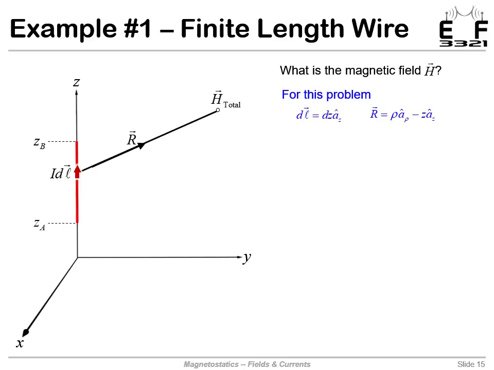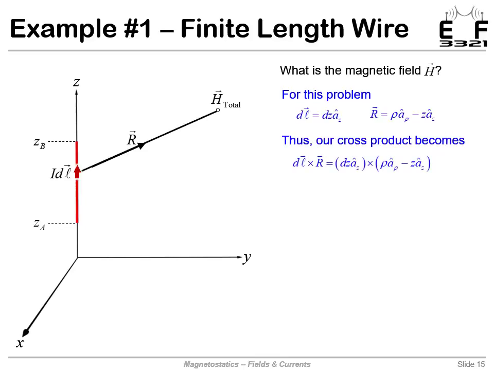So the vector r, as we mentioned before, connects our differential current element to wherever it is we're observing the field. Now in this problem, our differential length dl is in the z direction. So it's dz in the z direction. That makes our vector r a distance rho in the rho direction and a negative z in the z direction.